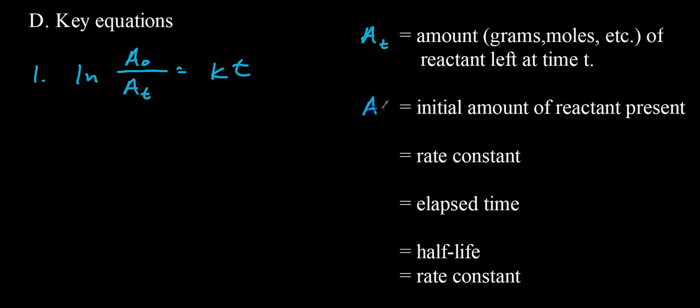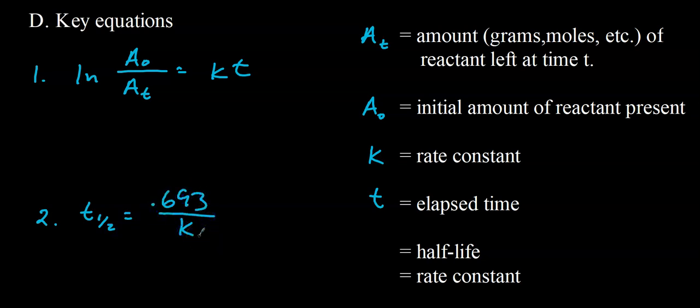A naught is how much we started with. k is our rate constant. t is the elapsed time. Second equation, again, because this is a first order reaction, we can write the equation for half-life.